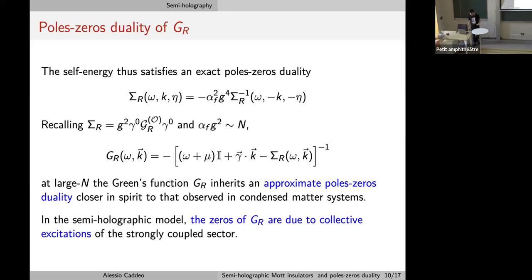And the plus of this approach is that one can give an interpretation of the divergences of the self-energy, and so of the zeros of the Green function, because the self-energy diverges whenever we have excitation of the composite operator, so collective excitation of the strongly coupled sector.